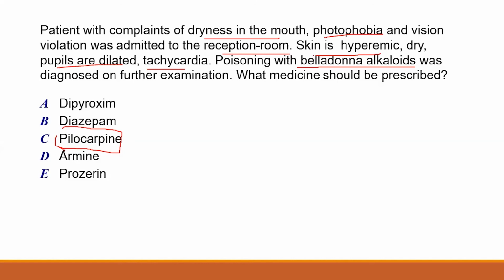However, according to Krok, this is Proserine. So like I said, you can go and check it out, but the answer is pilocarpine. However, according to Krok, it is Proserine. Maybe there's a better explanation to it.